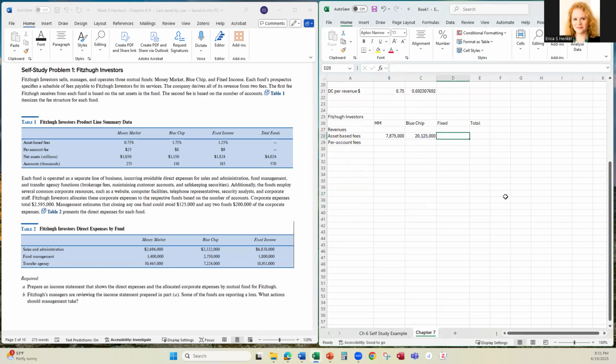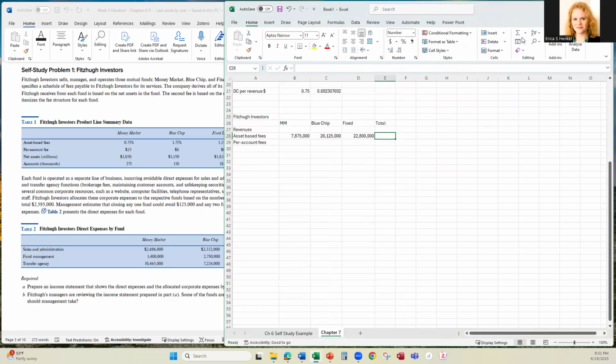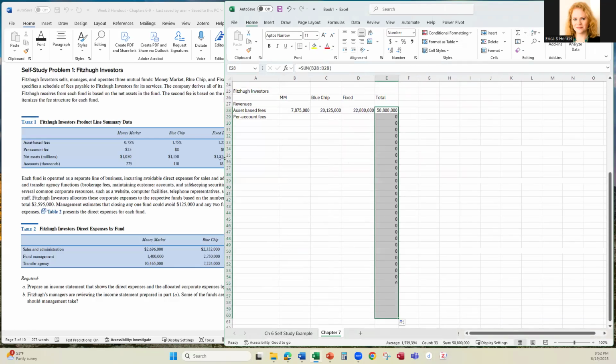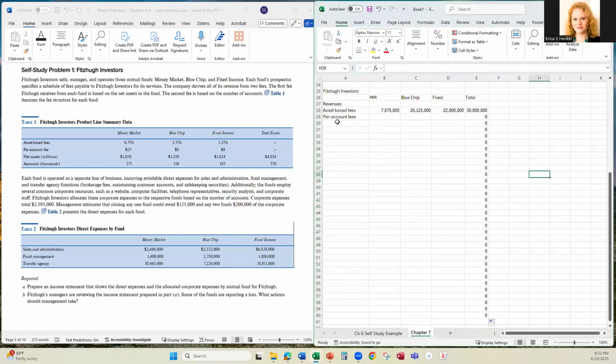And then for the fixed, their asset-based fees are 0.0125 times 1824. There we go. And we'll just sum that up here. Let me just do this here. Drag this down to wherever so I don't have to deal with it again. There we go. All right.